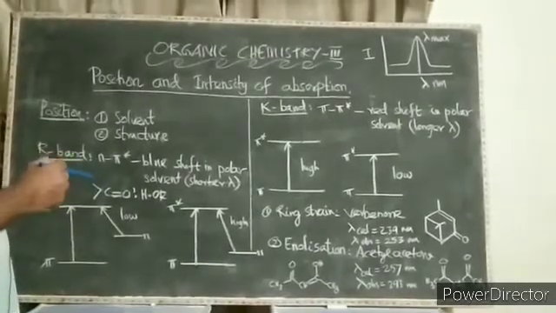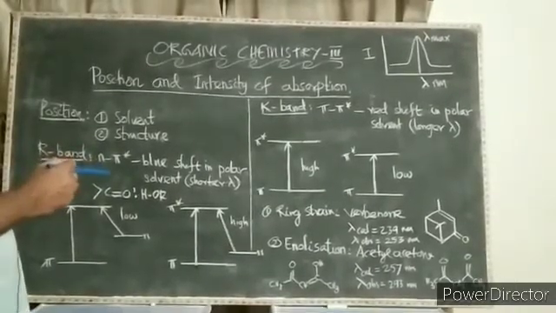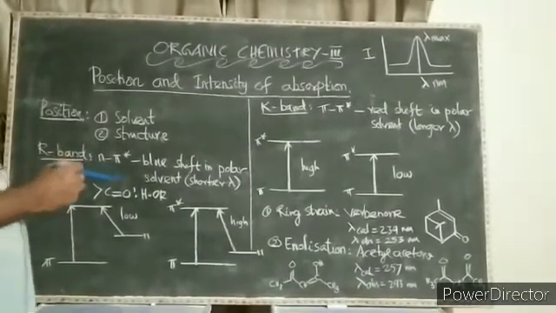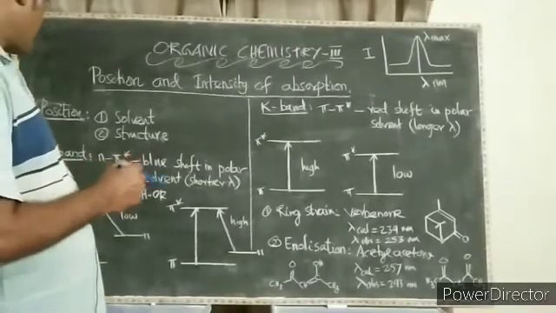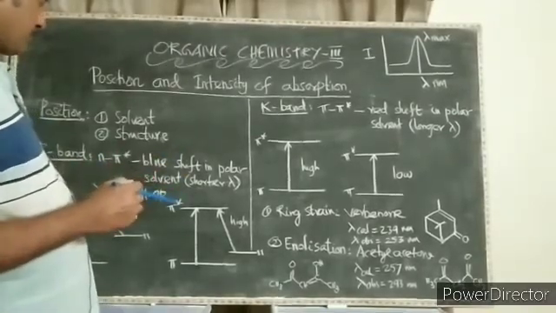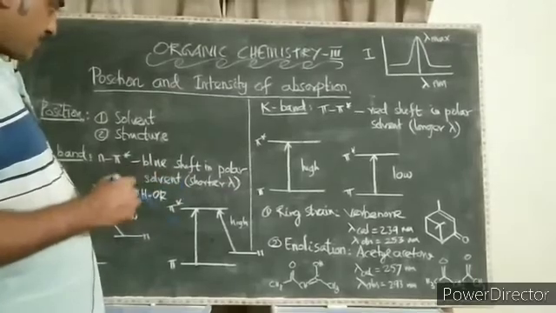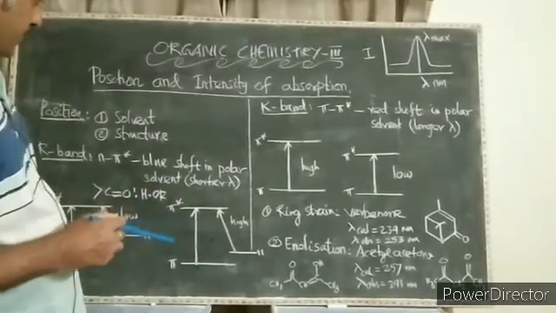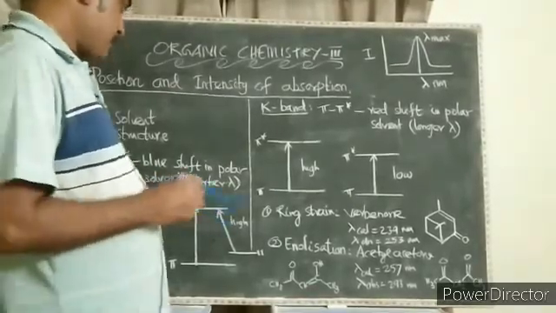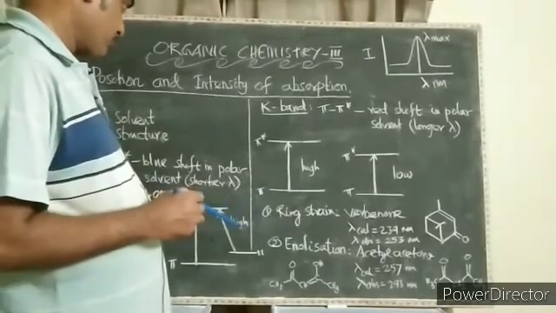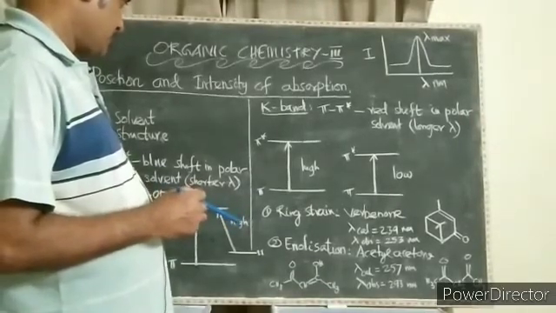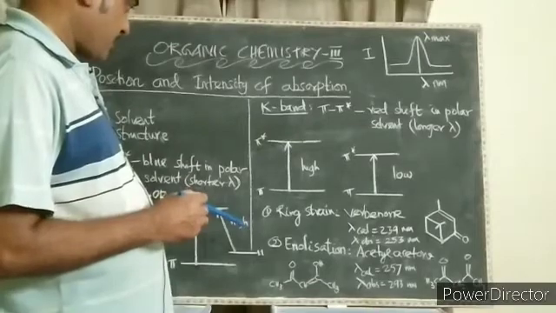The second factor which affects the position of the absorption band is the structure of the sample, that is, the molecular structure of the sample. Two factors can be considered here. The first factor is ring strain, the second factor is ionization. Let us take the first factor, ring strain.